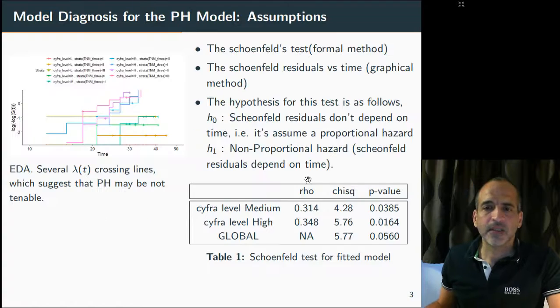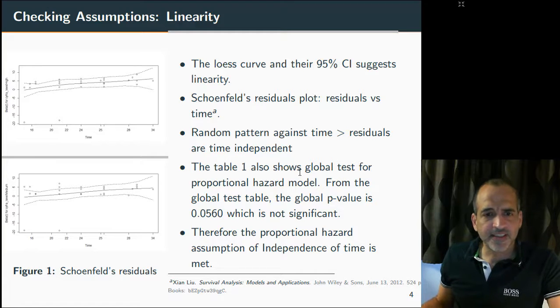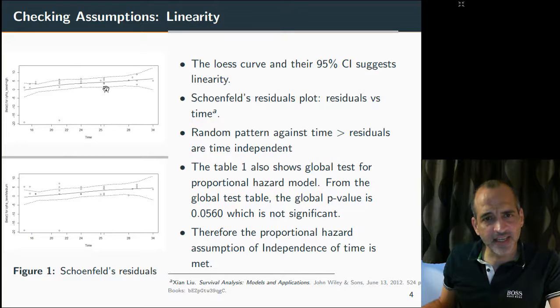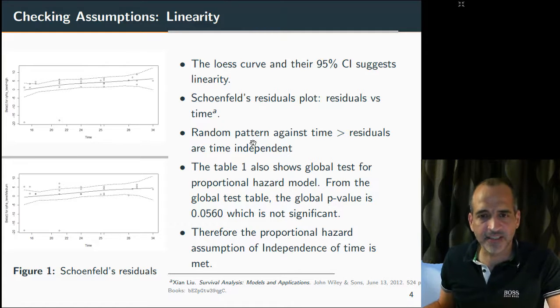Also we can see the Schoenfeld residual trend for two levels of the CIFRA, and we can see that the line is mostly horizontal, and also the confidence interval band allows the possibility to include an almost horizontal line. So it's also in line with what we see in the formal test.